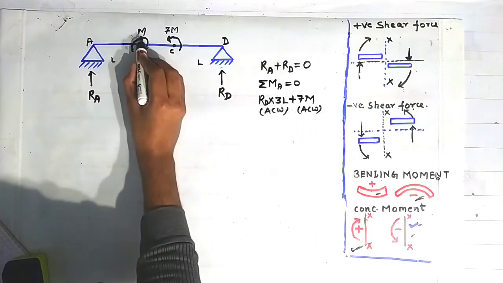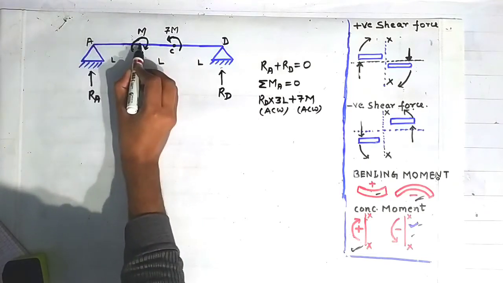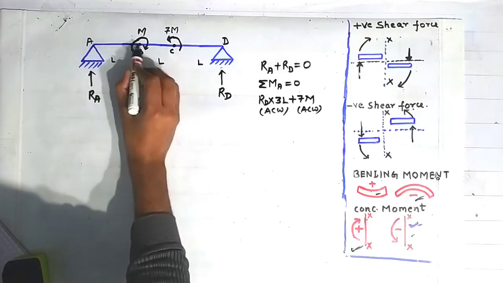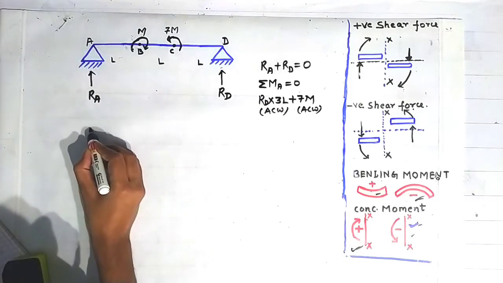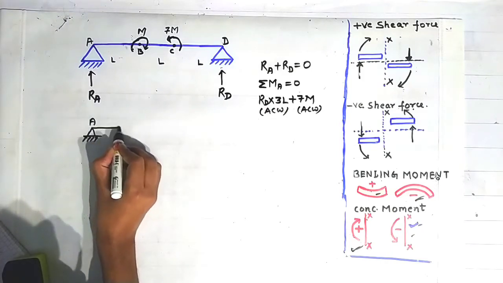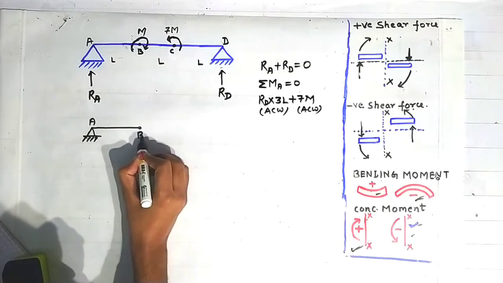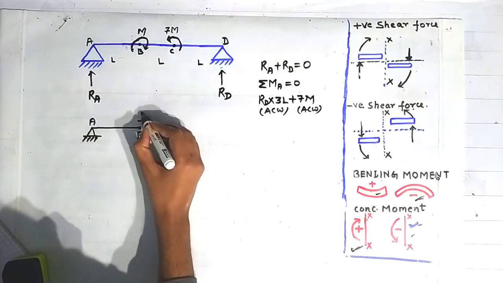And this moment of magnitude m is trying to rotate this beam element AB in clockwise direction about the point A, as shown here. I am showing here to show you clarity. This is the point A, suppose, and this is the point B, drawn directly below this point, and this moment is acting like this moment m.